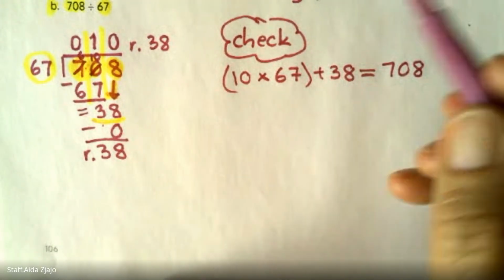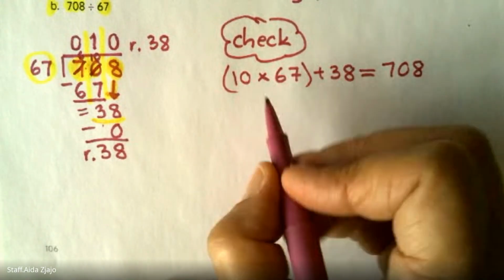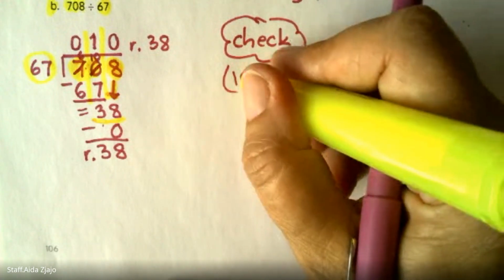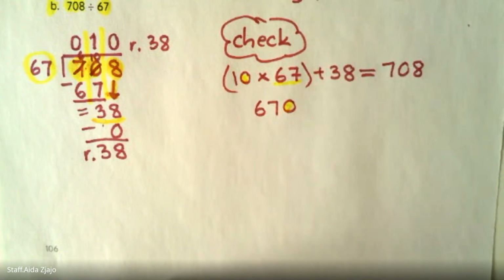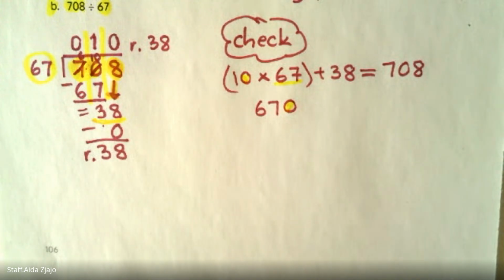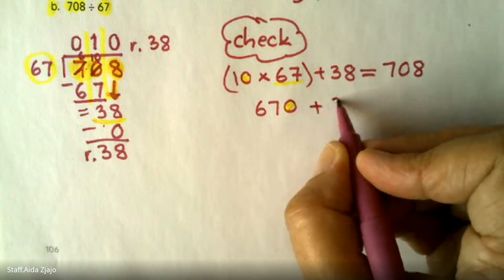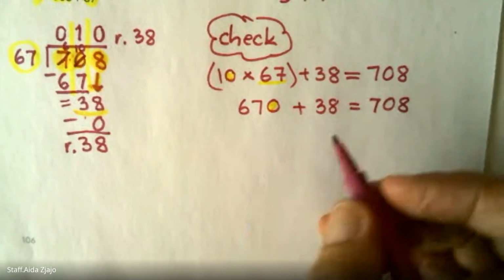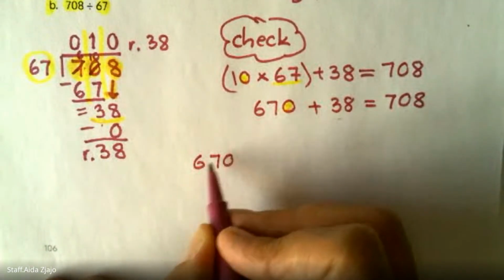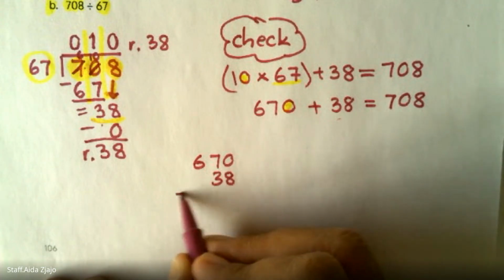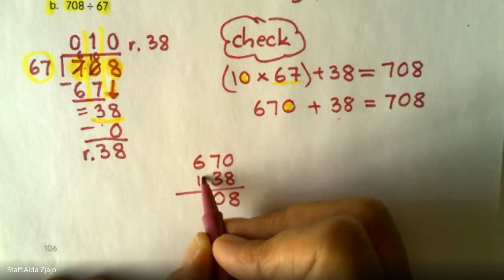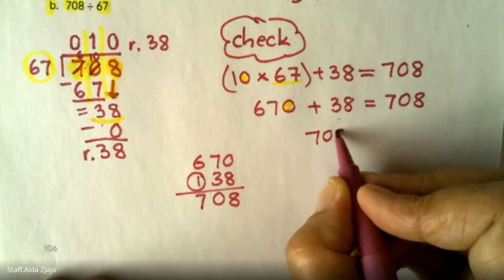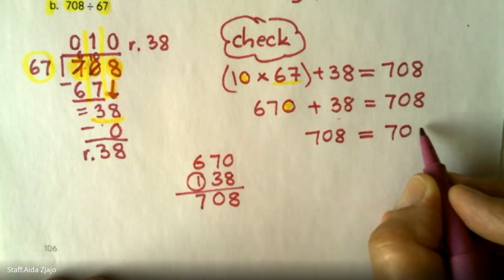You know that 67 times 10 is 670, because any number multiplied by 10 gains a 0. Plus 38 must be the same as 708. And then if you add on the side, 670 plus 38, 8, 0, remember 1, 708. So this side is 708, and that is the same as the other side.